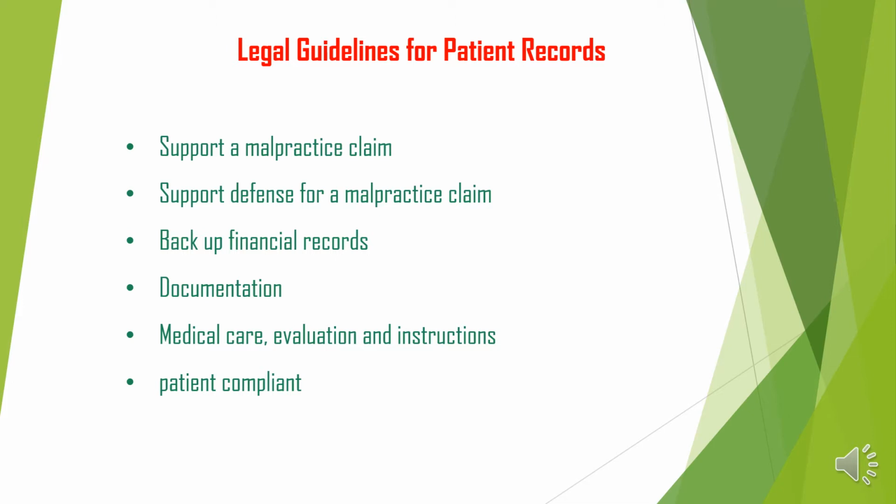If someone has a claim against the hospital or against a healthcare worker, we can get the evidence that he is innocent, that he did not do the wrong thing, again from the medical record. It's a backup for financial records. Documentation: everything is documented inside the medical record. Medical care evaluation and instructions done by any healthcare giver, we can find inside the medical record. And patient complaints also are a source of legal information inside the medical record.